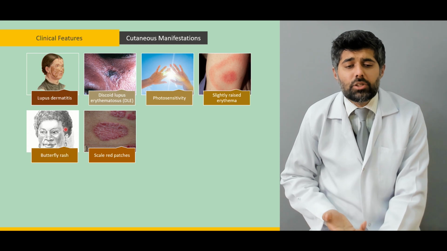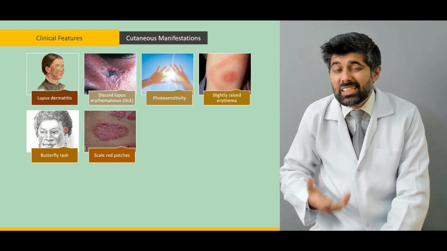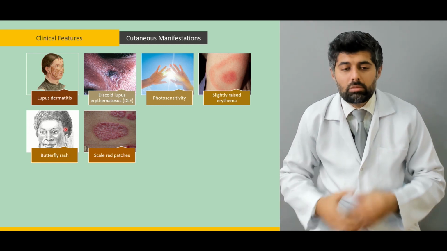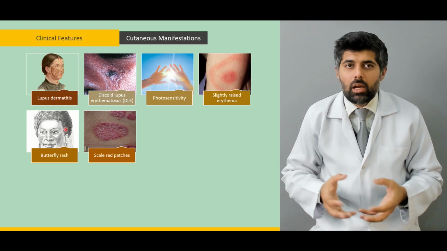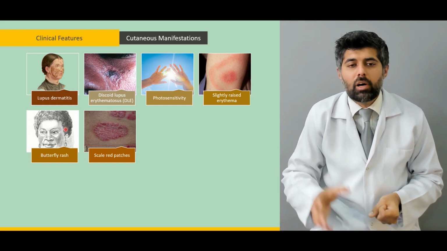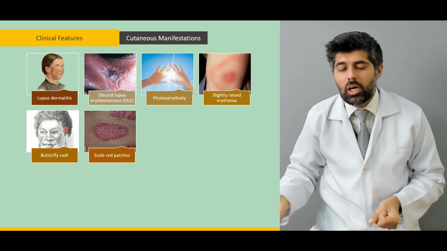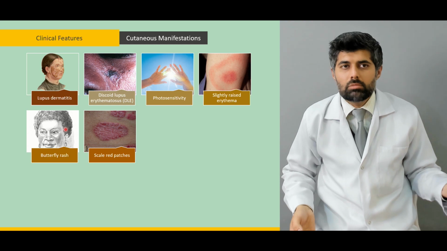Another presentation is scaly red patches, and these scaly red patches are clearly demarcated. They have scales, and they are not found in isolation. They are found along with either discoid lupus or lupus dermatitis.